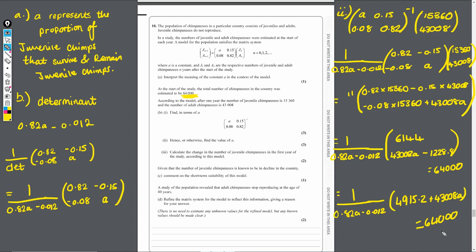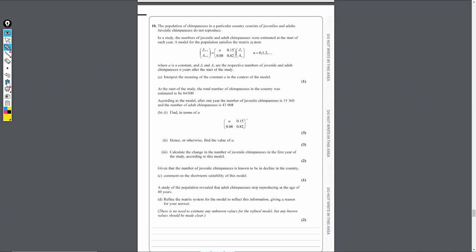Now this just has to be solved. I can times both sides by 0.82A minus 0.012. Multiplying through, the left hand side would just cancel, and I'd get 4,915.2 plus 43,008A. This will be equal to the right hand side times that bracket.